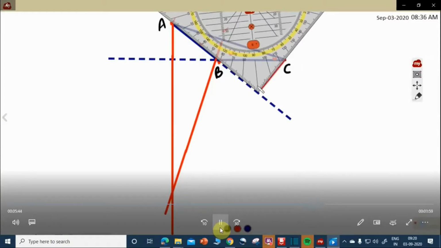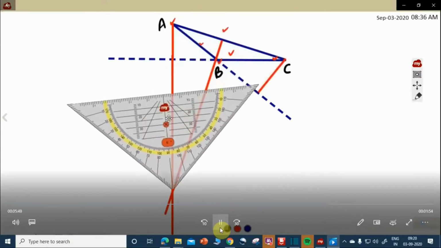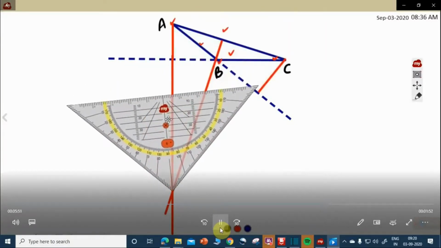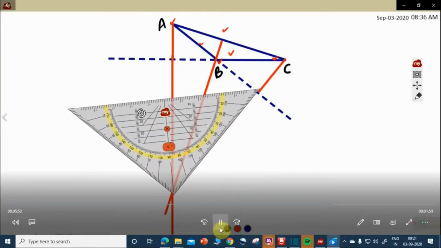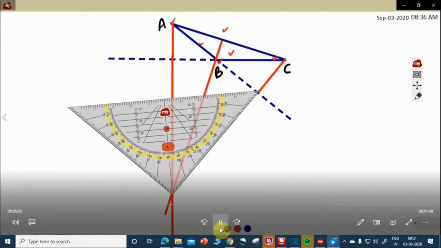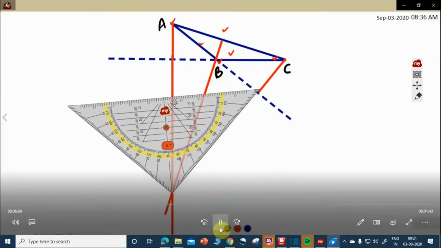From C to the opposite side AB, that also will be extended now, so that we will check whether they meet at a point.